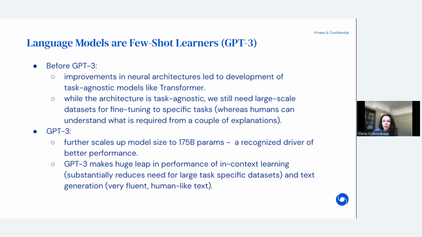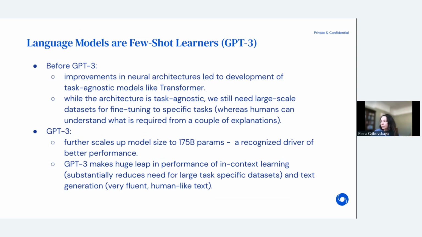So, for instance, if we want to teach a model to do question answering, we probably would need about 100,000 labeled examples to properly demonstrate this. At the same time, as humans, we know that we can understand what is required just from a couple of explanations.